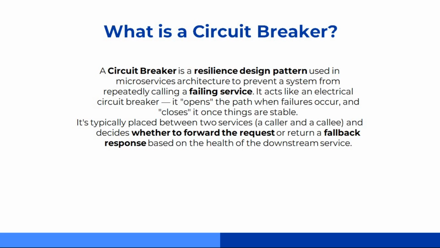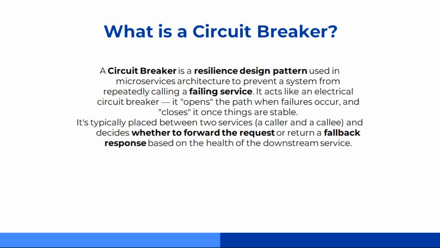For example, imagine you're ordering food from a delivery app. If the restaurant's system is down, the app keeps trying again and again, failing every time. This causes delays and frustration. But if we have a circuit breaker, it acts like a smart assistant.